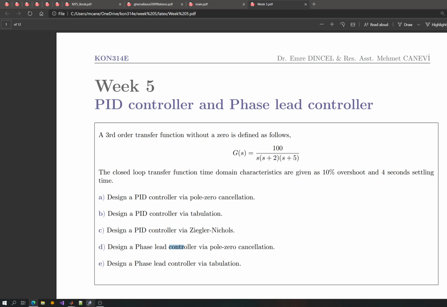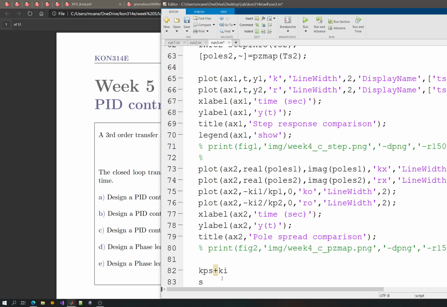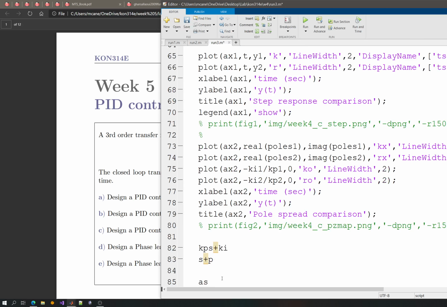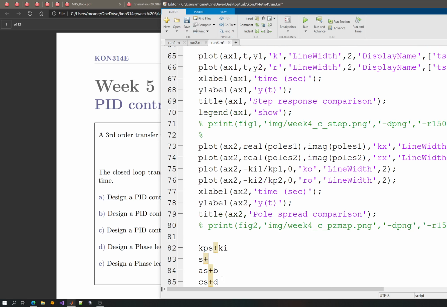Now, if you remember what a PI controller looks like, we know that the PI controller looks like this: KP S plus KI divided by S. If you do not restrict this to the origin, which is S, and add a pole here, you will have a much more general controller, and you can always show the first order controller as (AS plus B) divided by (CS plus D), which is the most general version of this.